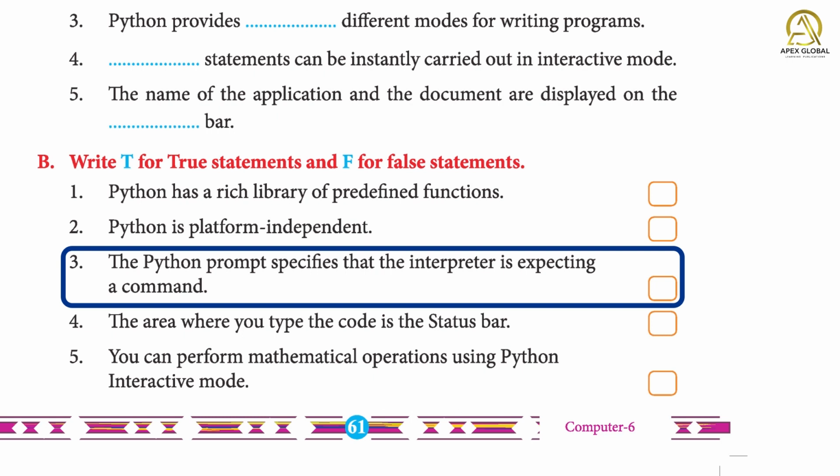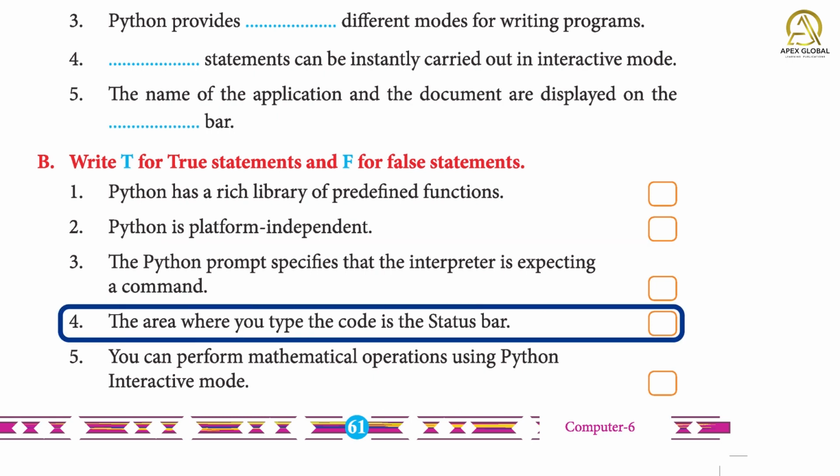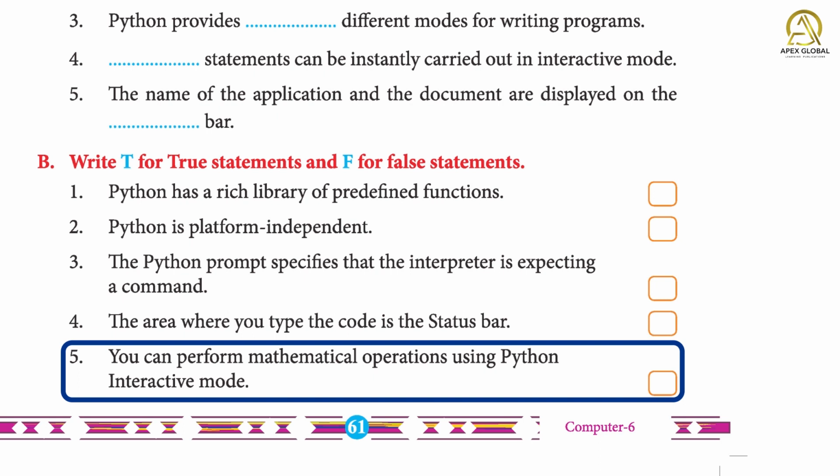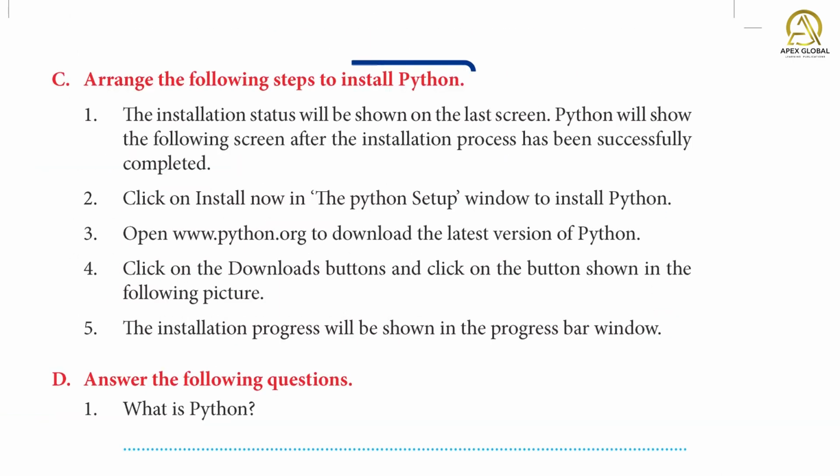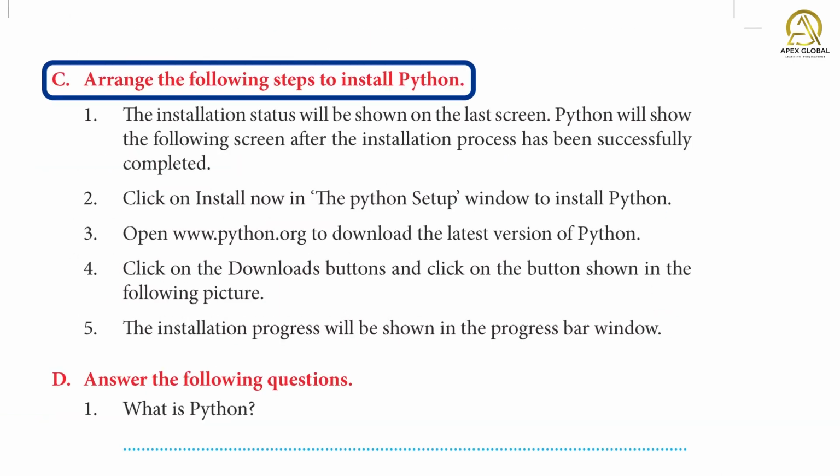Answer: false. 4. The area where you type the code is the status bar. Answer: false. 5. You can perform mathematical operations using Python interactive mode. Answer: false. C. Arrange the following steps to install Python.